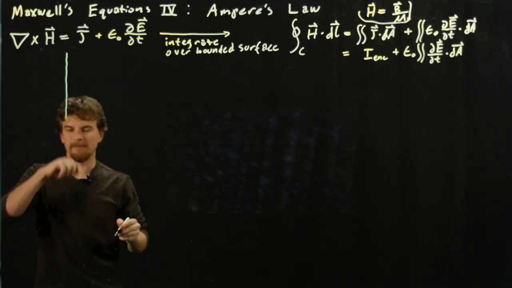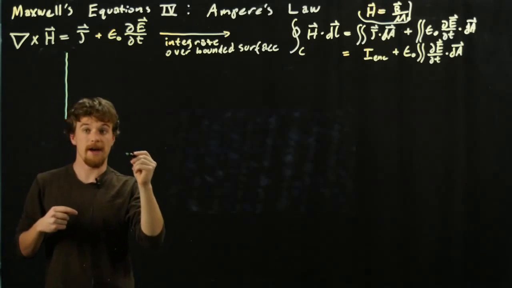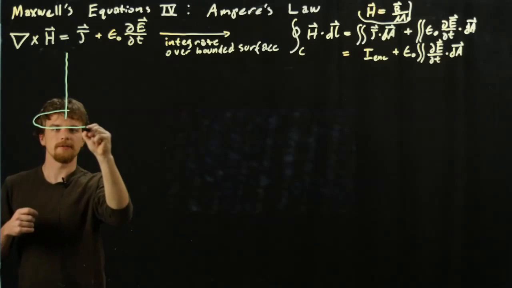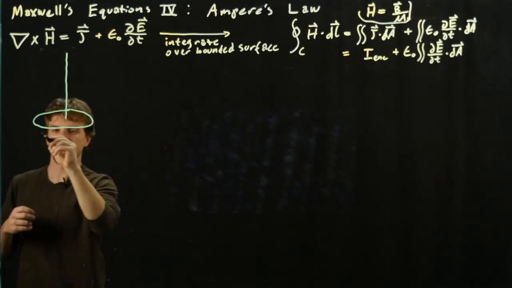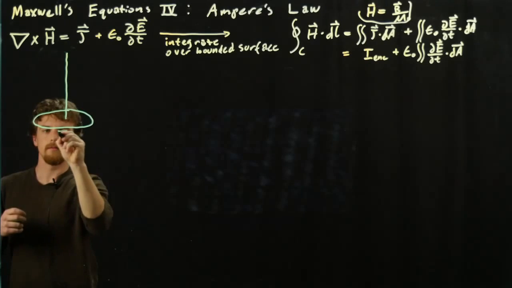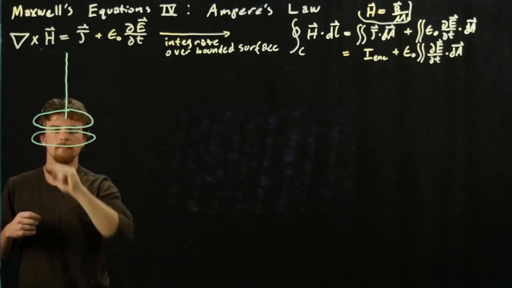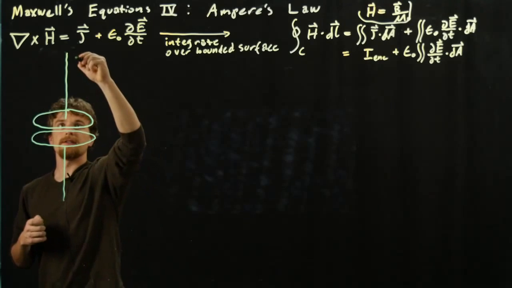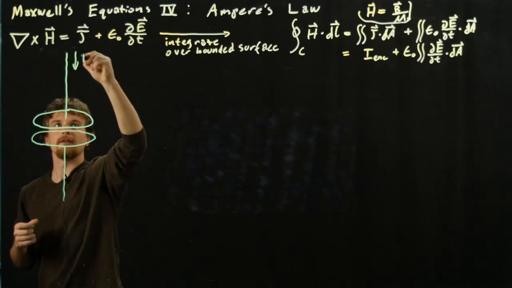So we have our wire, and also let's imagine that there's a capacitor in our wire. We'll make the plates round for nice symmetry. And our wire would continue this way. And say we have a current flowing in our wire, I.